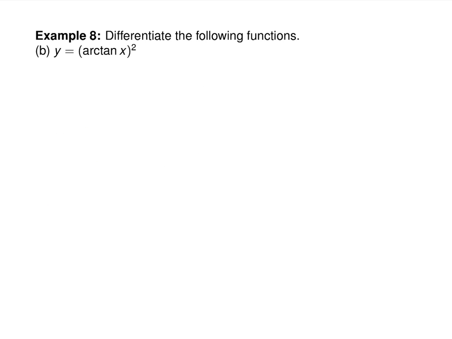Okay, this one. So who's the inside function? Arctan. So the squared is the outside function, right? So the y prime will be 2 arctan of x to the first times the derivative of arctan.